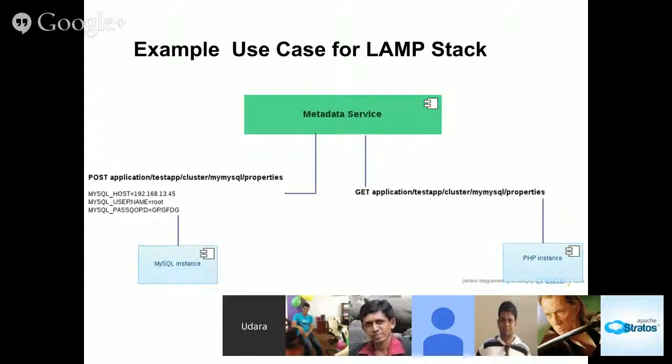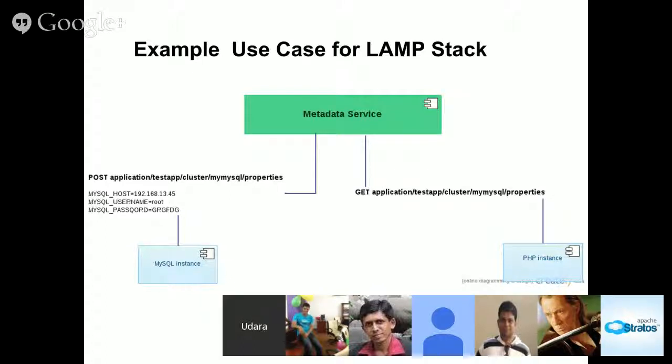Metadata service came to bridge that gap. Now we have a PHP instance, a MySQL instance and the metadata service. When the MySQL instance boots up, its cartridge agent starts. In the instance activated event, we have an instance activated extension point.